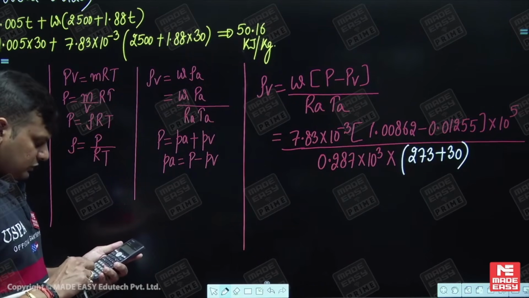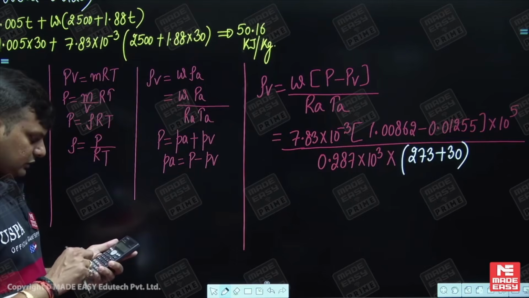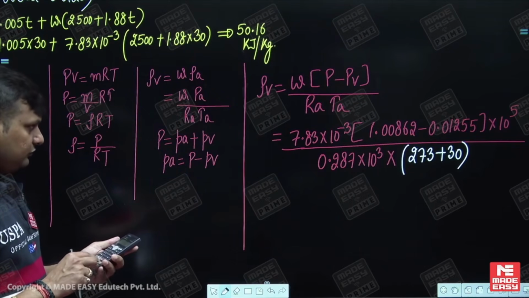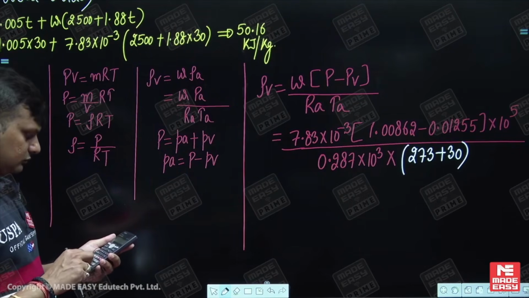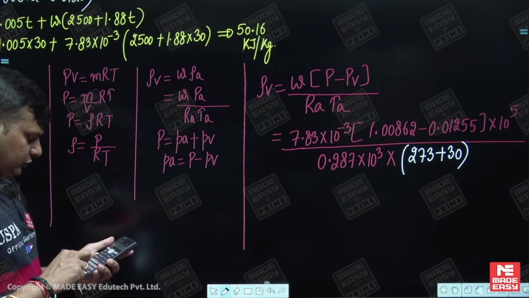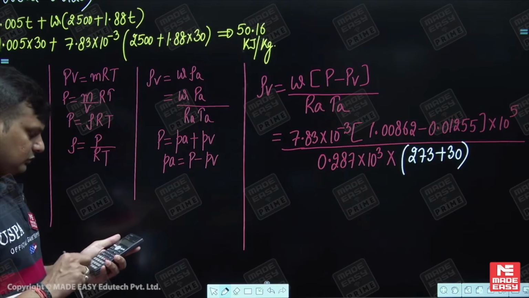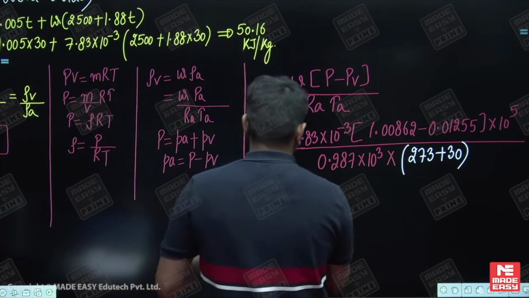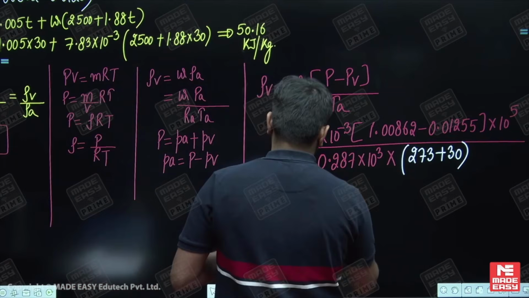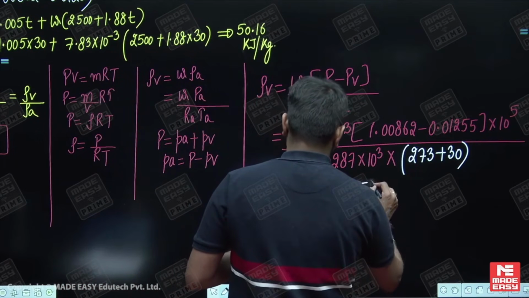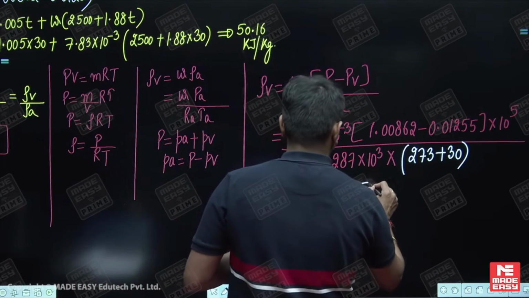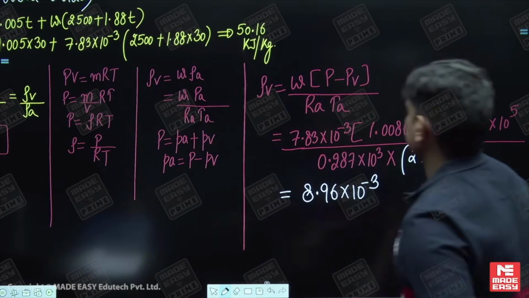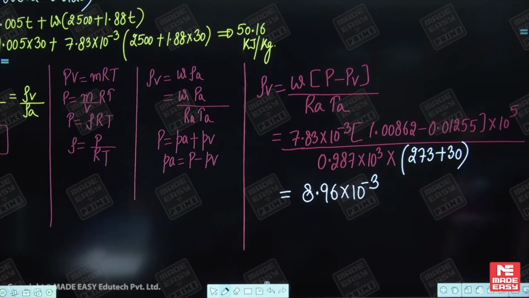So 0.01255 into 10 raised to power 5 into 7.83 into 10 raised to power minus 3, divided by 0.287 and divided by 303. This is coming out as 8.96 into 10 raised to power minus 3.